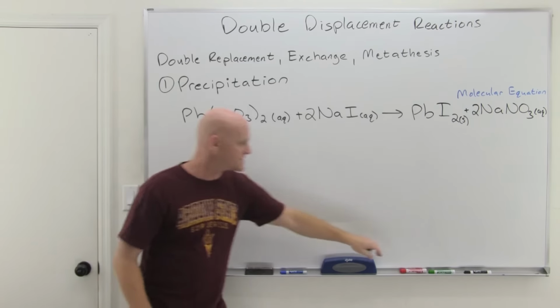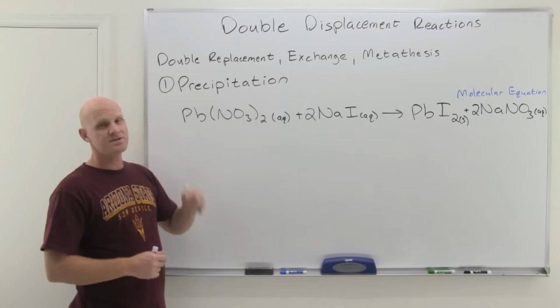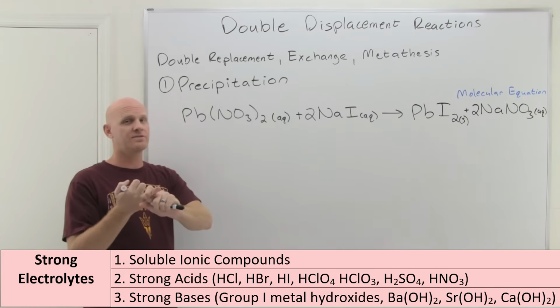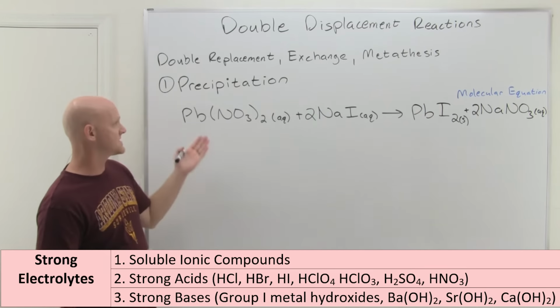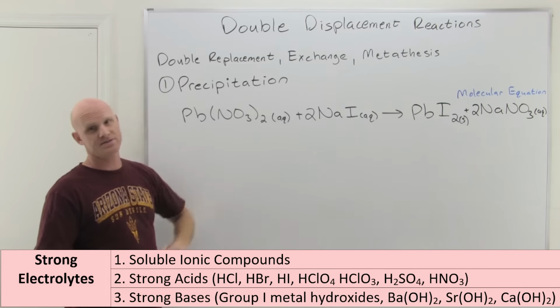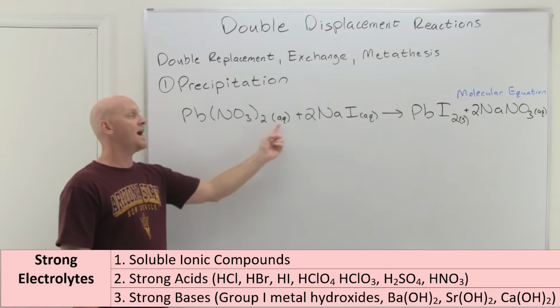All right, so next thing I want to do is identify who are the strong electrolytes in this reaction. Remember, your strong electrolytes are either soluble ionic compounds, strong acids, or strong bases. In this case, we've got a soluble ionic compound here. Again, it's ionic and it's aqueous, and the key to being a soluble ionic compound is being ionic and aqueous.